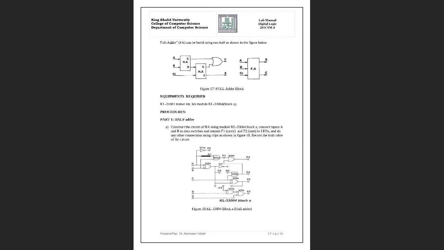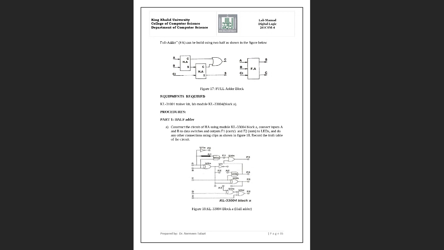I will show you the diagram now for a full adder. See, the simple method to connect two half adders: you take A, B, and the sum comes down here, and this is the carry. The sum gives an input to the next half adder.